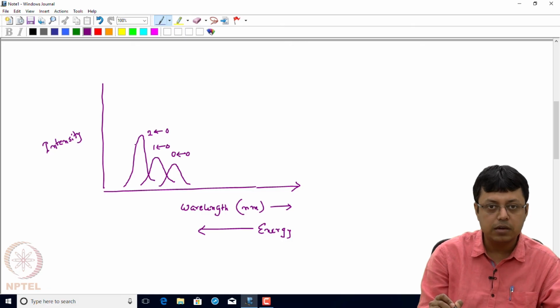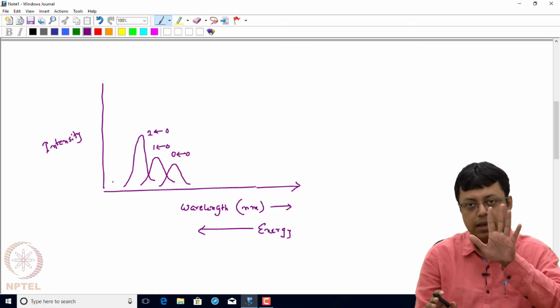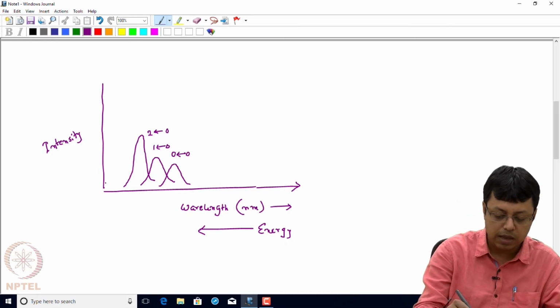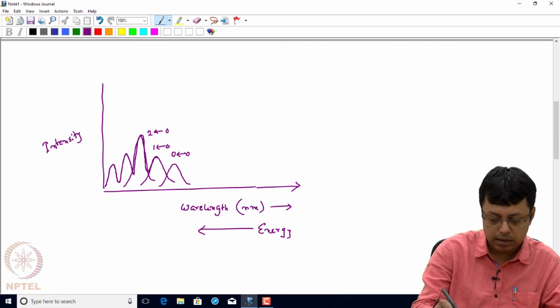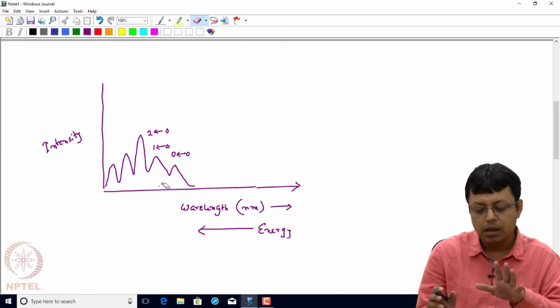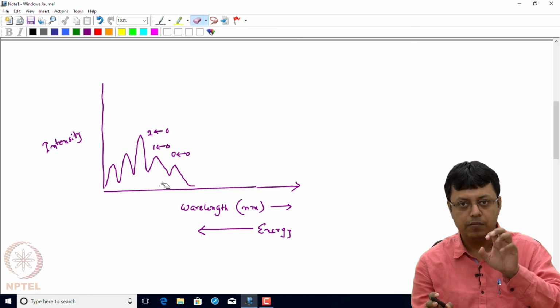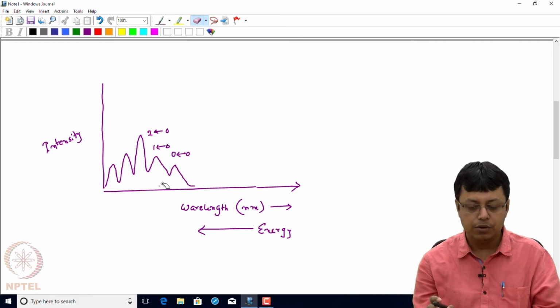So this is the strongest transition. So the vibrational spectrum will look like a structured spectrum overall. It will have a structure like this, and it's a very characteristic vibrational spectrum for the molecule that we have drawn.